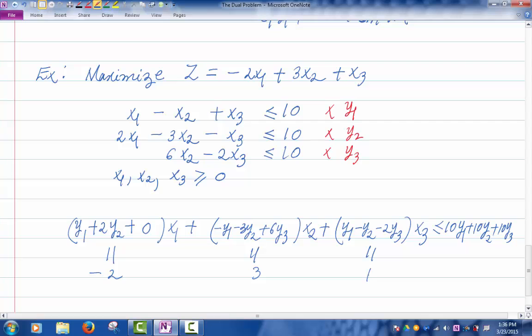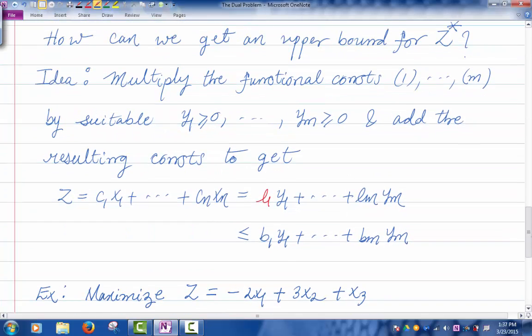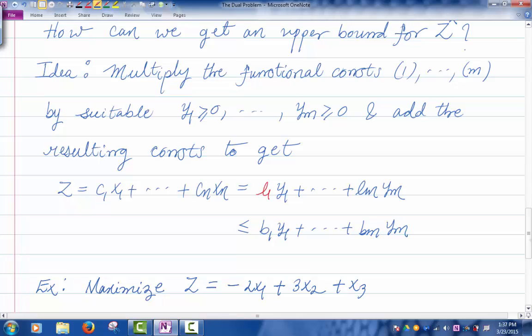So y1 plus 2y2 is non-negative. How could it be negative 2? It cannot be negative 2. Is everybody okay?